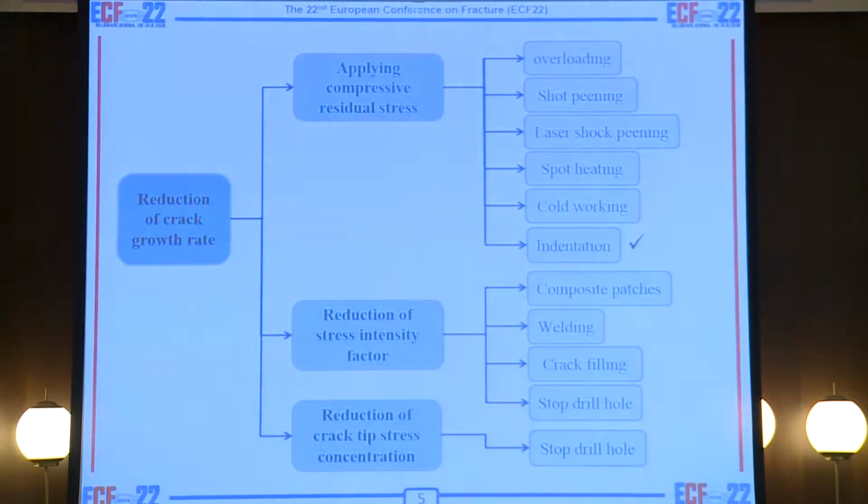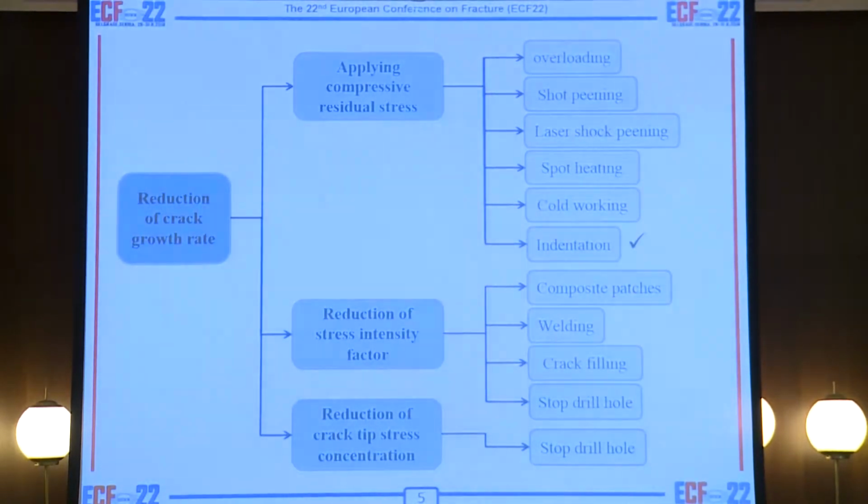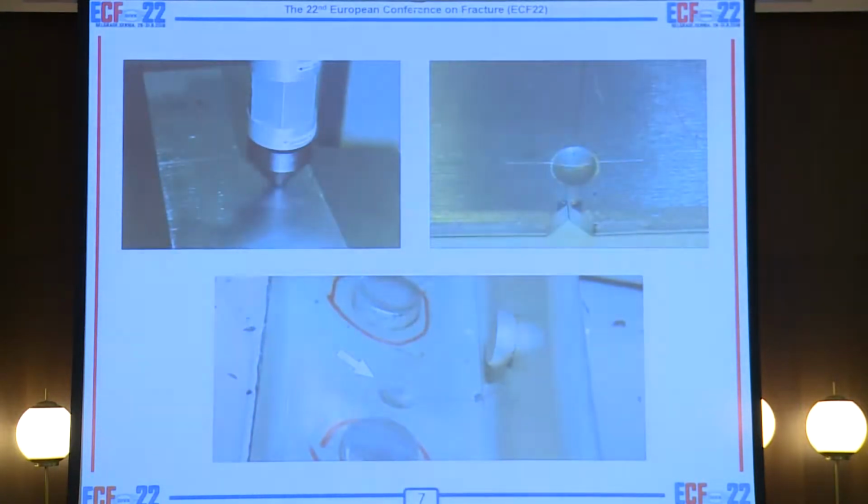Welding, which is removing the crack and filling the created notch with weldment. Crack filling using mostly resin and epoxy adhesives, or reduction of crack tip stress concentration using stop hole drilling, which is the method by drilling the crack tip. So the intensified stress at the crack tip will be diminished. But our work is related to indentation.